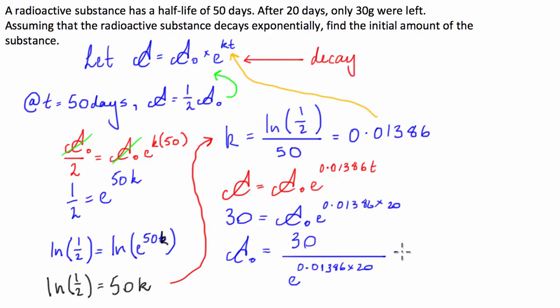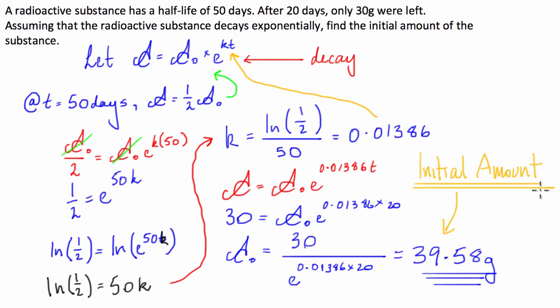And what we're going to get from there, guys, is A naught equaling 39.58 grams. So this is the initial amount of the substance.